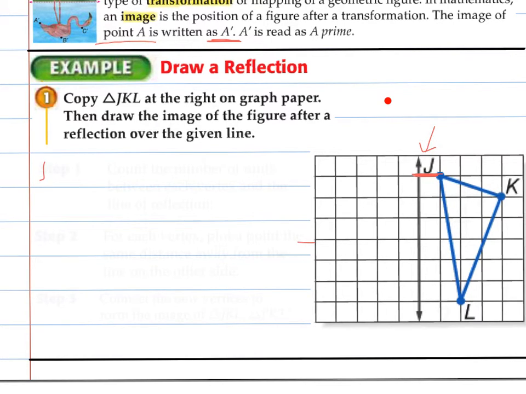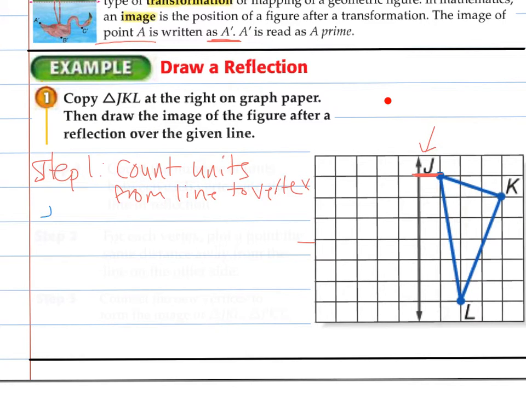Step 1: count the units from the line of reflection to the vertex. So J is 1 unit. K is 1, 2, 3, 4 units. And L is 2 units.